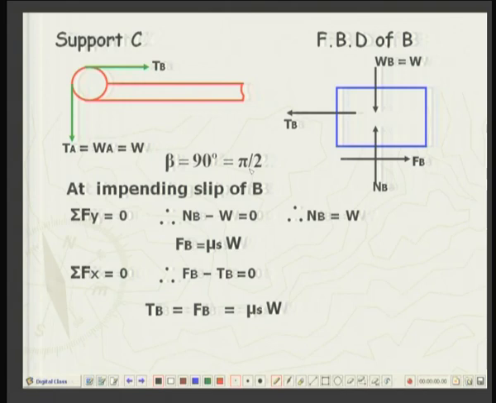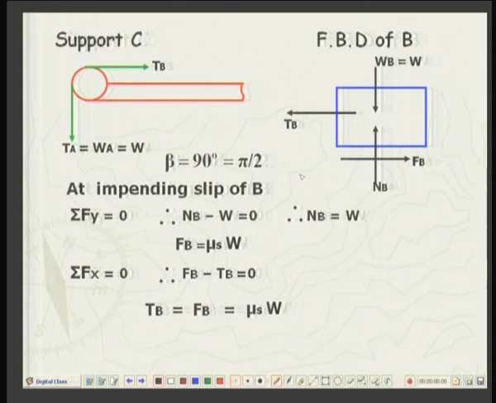Okay. So, at the impending slip of B, first we will take up the free body diagram of B. So, let us see what are the forces on the block B. There is a downward weight W, because WA is equal to WB is equal to W. So that we know, and a normal reaction upward from this horizontal surface onto the block.